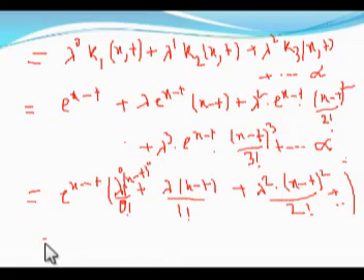So for the exponential series, it will be e to the power x minus t, and also e to the power lambda x minus t.